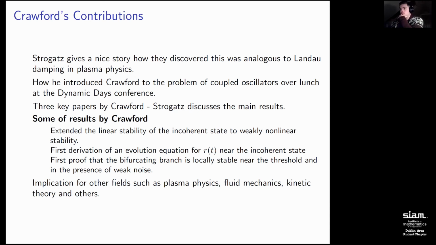His guess, though, was very close to the value that Crawford got. Crawford was also able to give a proof that the bifurcating branch is locally stable near the threshold in the presence of weak noise.